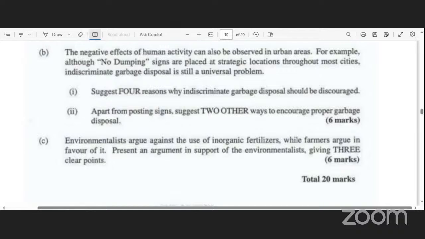So why should indiscriminate garbage disposal be discouraged? What kind of effect does this type of disposal pose on the different communities, or on the environment?